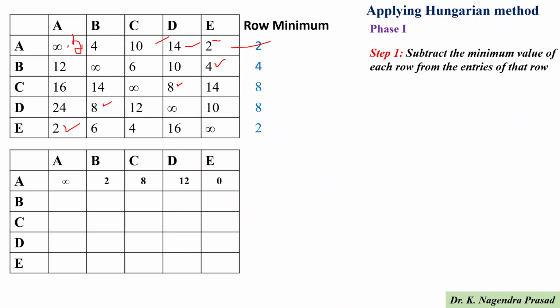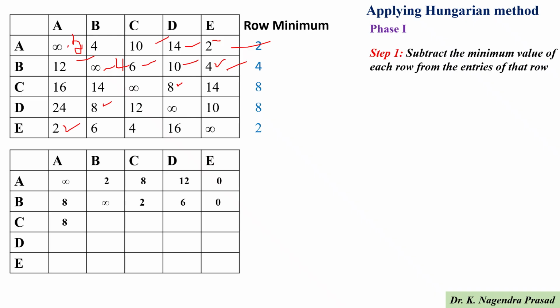The second row elements will become 12 minus 4, which is 8, infinity minus 4, which is infinity only, 6 minus 4 equals 2, 10 minus 4 is 6, and 4 minus 4 is 0.